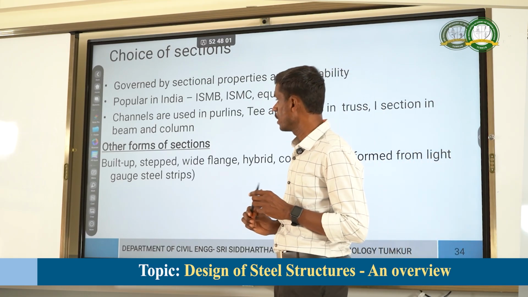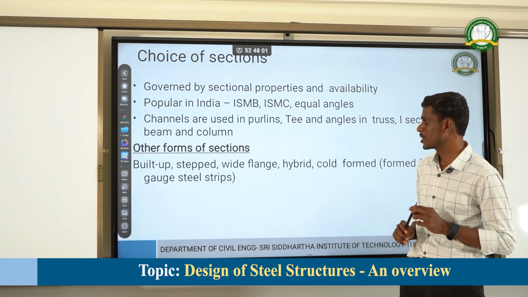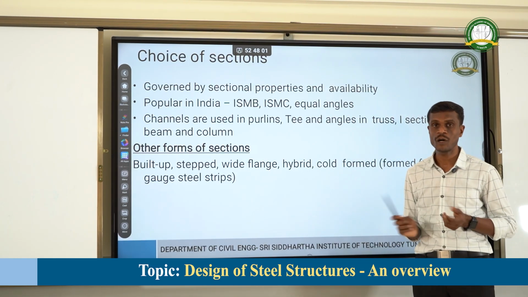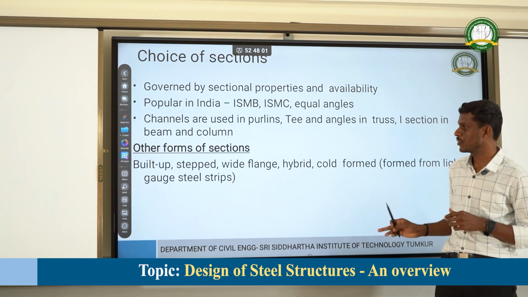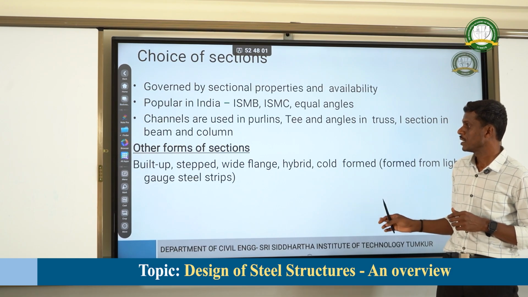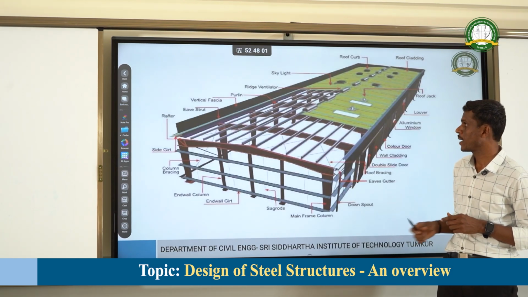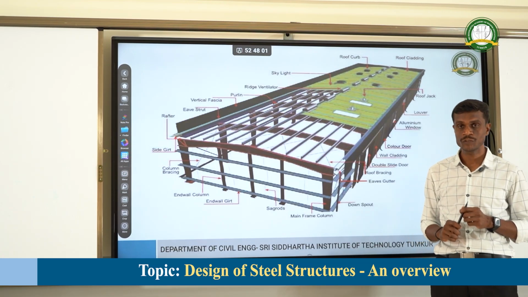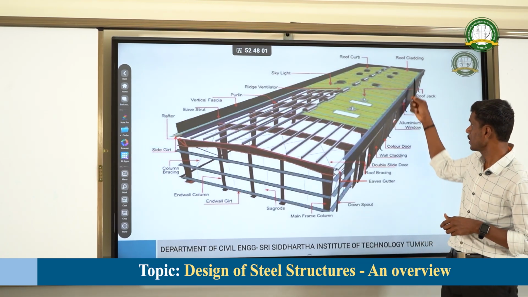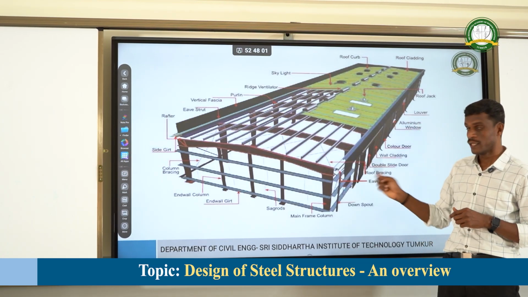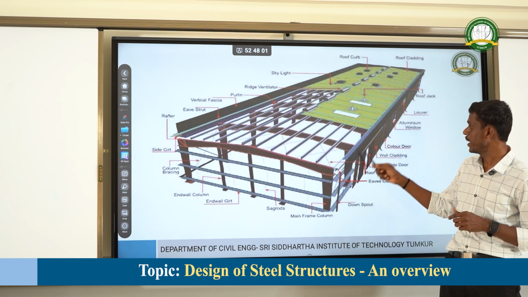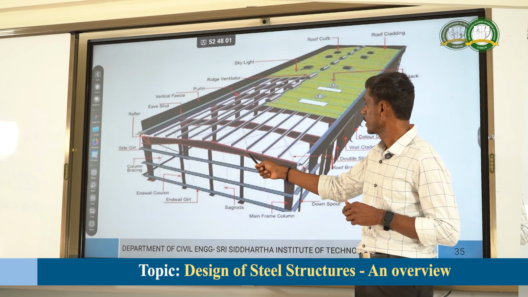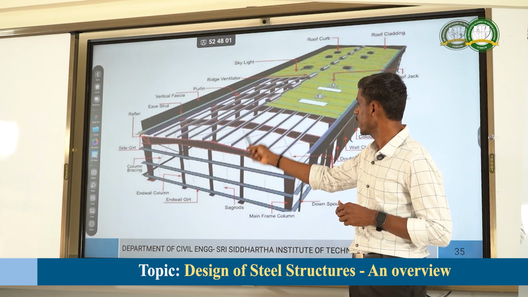And next, other forms of sections are built up, stepped, wide flange, hybrid and cold formed structures. In these structures we are going to use steel strips, which are in the form of steel plates. So here this is an industrial building, a warehouse building, where the span is very large. So in this span we are going to provide intermediate members. Intermediate members are connected through these members. These members are going to be called purlins.